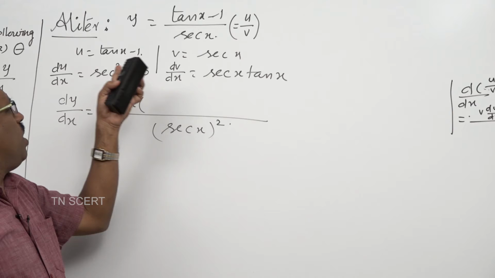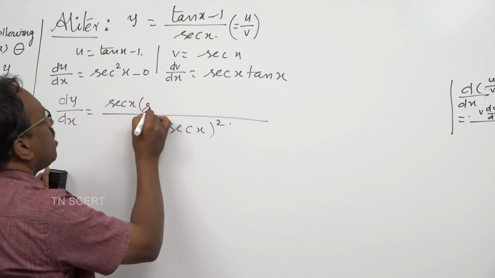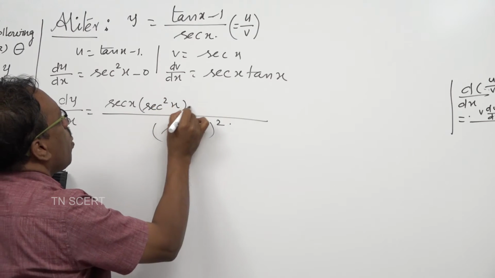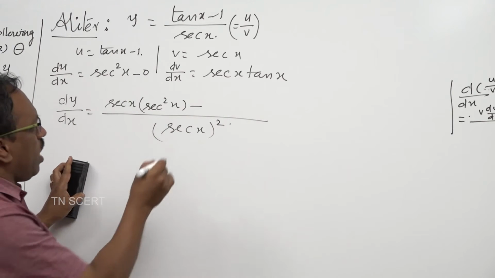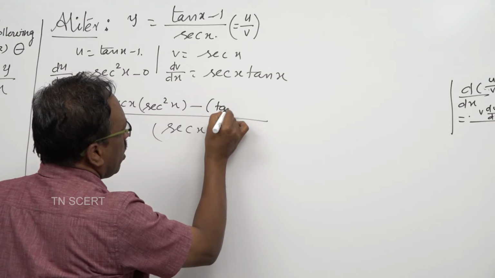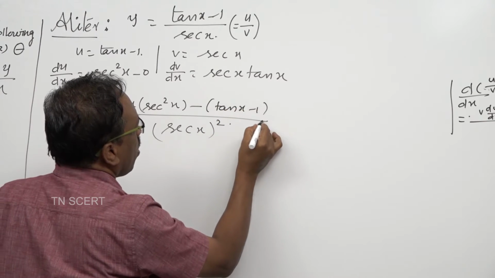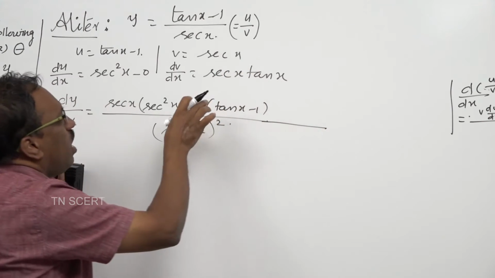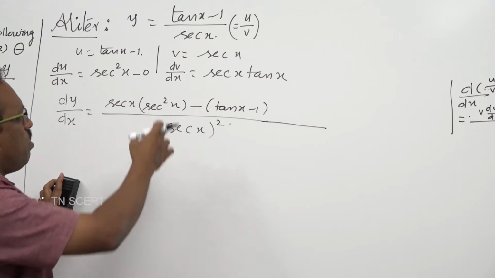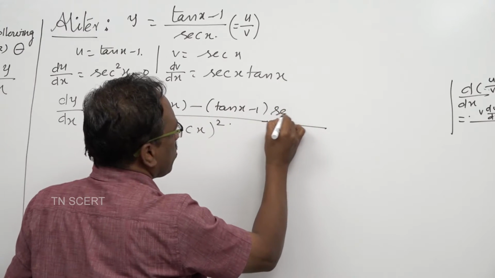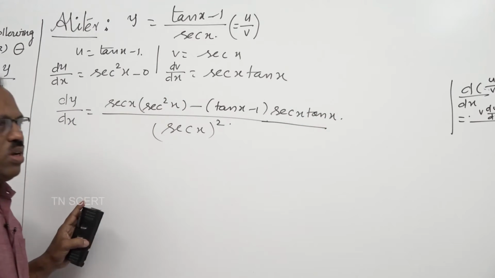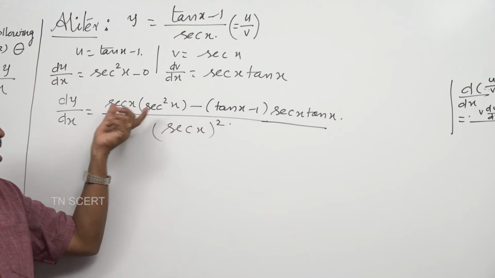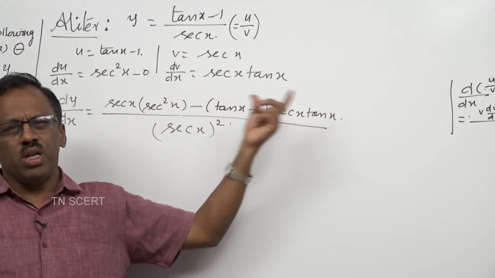Remember that du by dx is secant square x, minus, and u is tan x minus 1, then the next part dV by dx, which is secant x tan x. So this is V square, V du by dx minus u dV by dx.